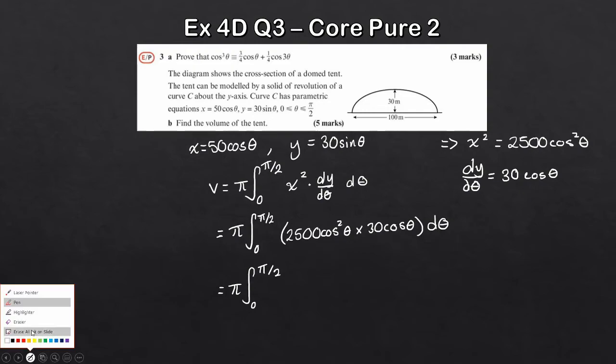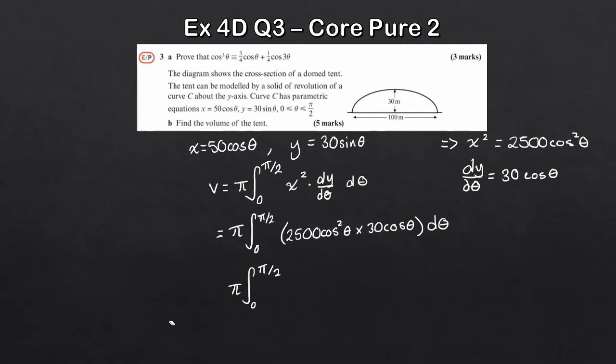So we get 75,000 pi times the integral from 0 to pi over 2 of cos cubed theta d theta. Don't forget cos squared theta times cos theta gives cos cubed theta.